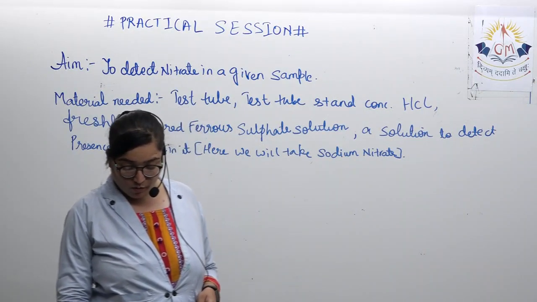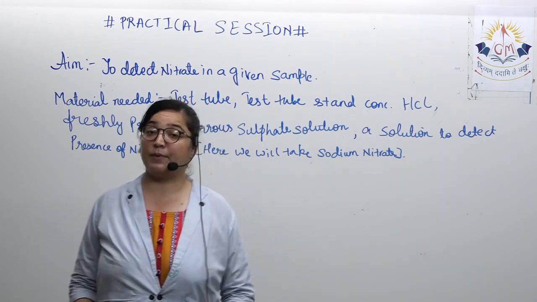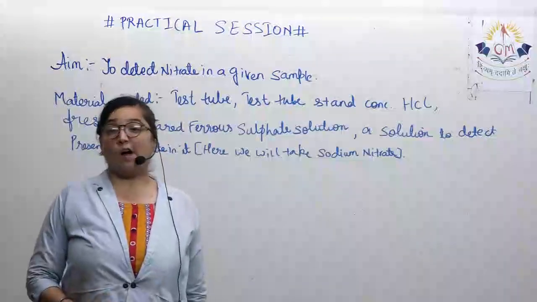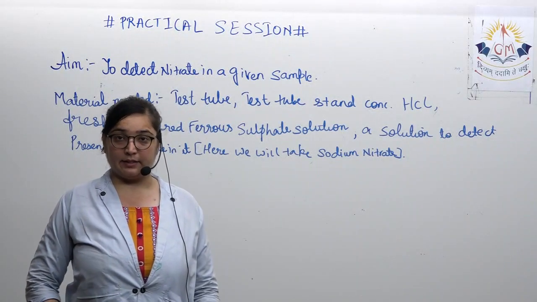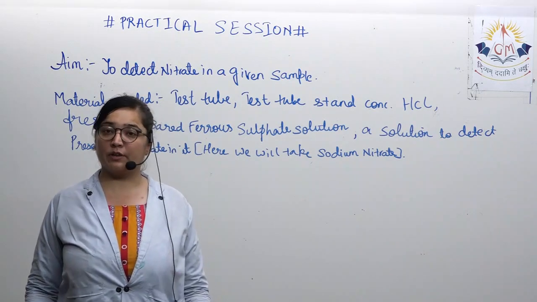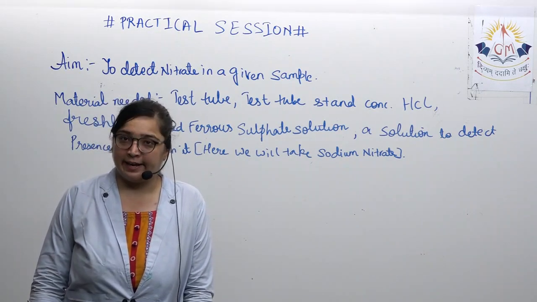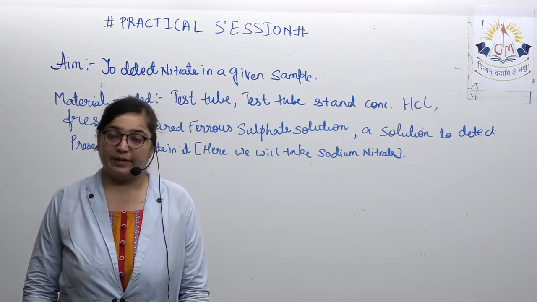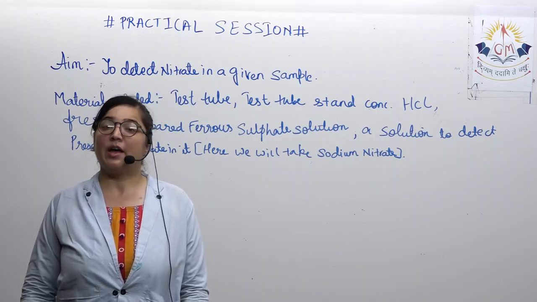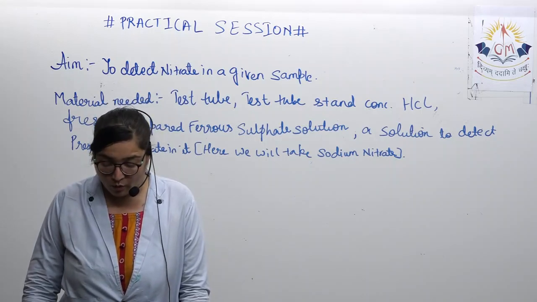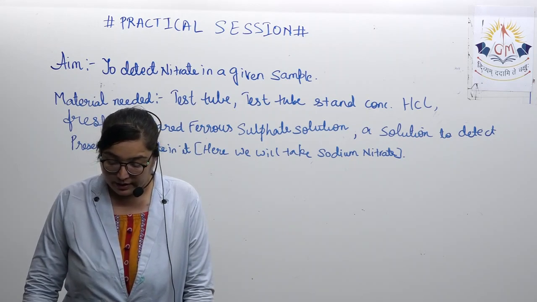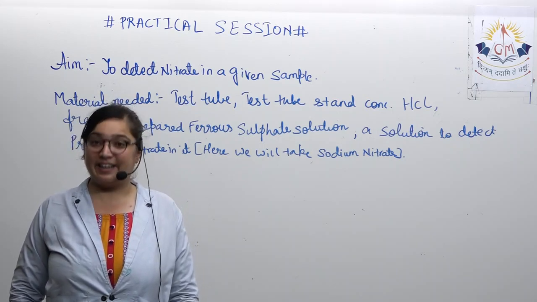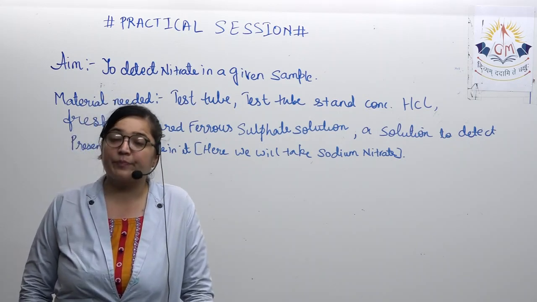Okay, so I hope you are clear with the content. Now, what is the basic principle of this particular test? That first I'll explain you. Basic principle over here is when we will take the solution of ferrous sulfate and the sample solution and we will mix them over there, the reaction will take place and reduction of nitrate will get carried out.